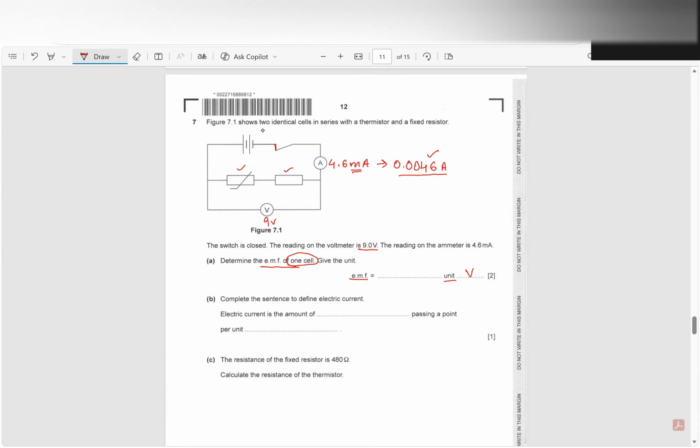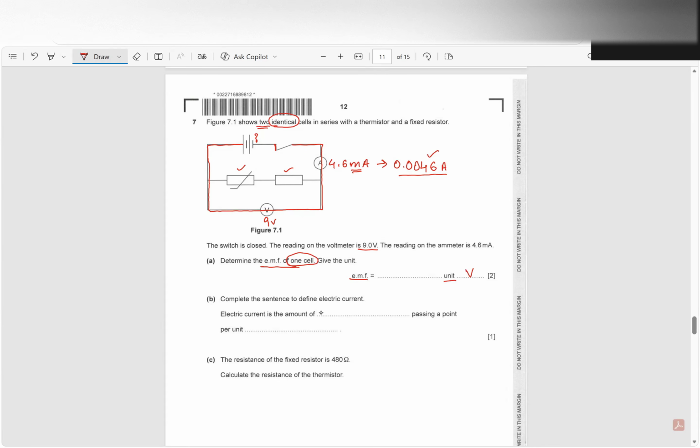It said in the question, there are two identical cells. And if you can see, for this voltmeter, we do not have a value of voltage given alongside these cells. However, the voltmeter is connected to the overall circuit, guys. So what exactly is this referring to?